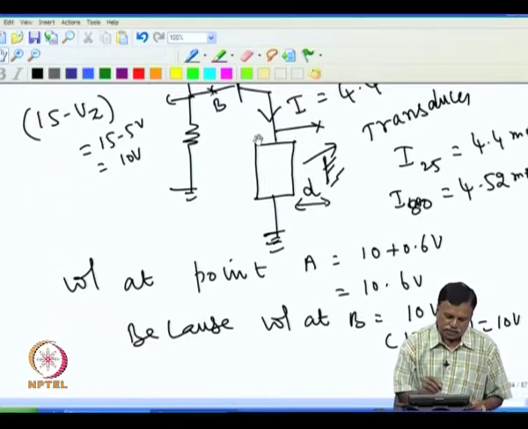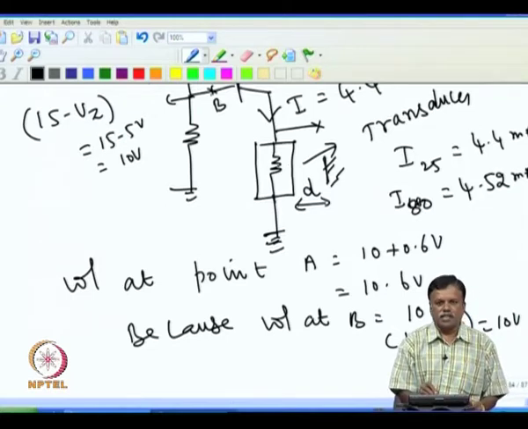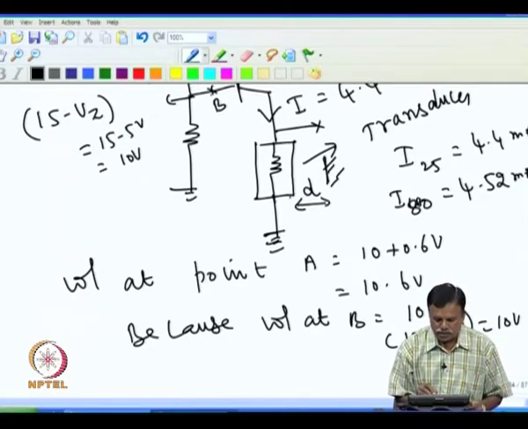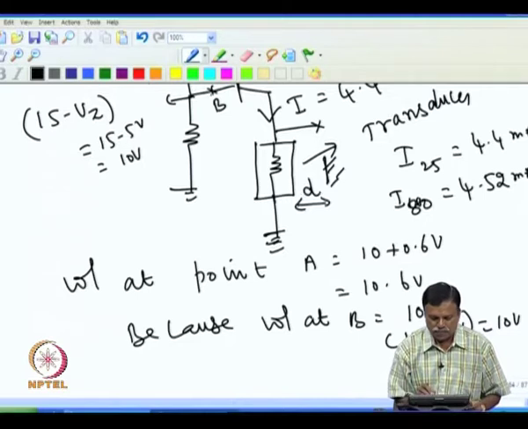Assume that this is effectively a resistance, and this resistance, for example, decreases with temperature irrespective of the distance. The distance is remaining constant, but assume this resistance is decreasing with temperature.